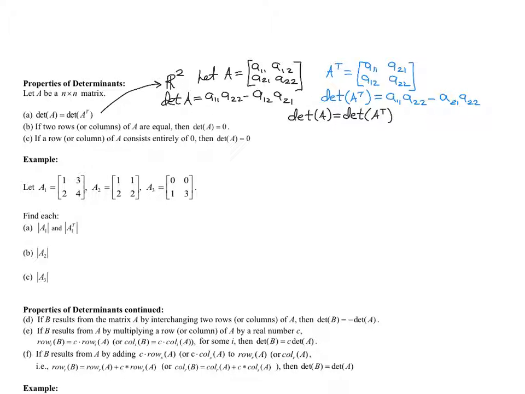The last one I think is probably the easiest one, because if a row or column consists entirely of 0, then diagonal down or diagonal up, either way, you're going to get 0. So it's going to be 0 minus 0, which is equal to 0. These two in particular are very important to know, because a matrix is not going to be invertible if its determinant is equal to 0.